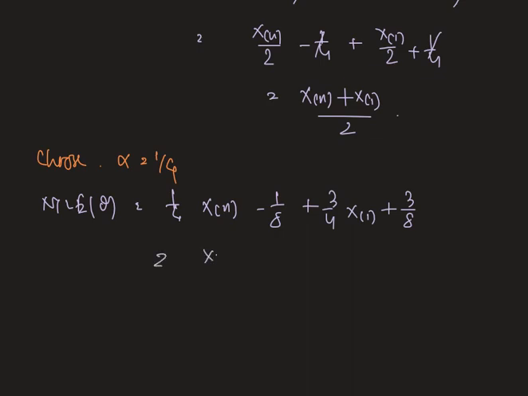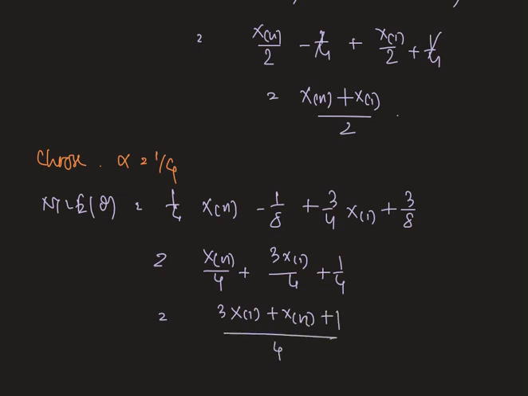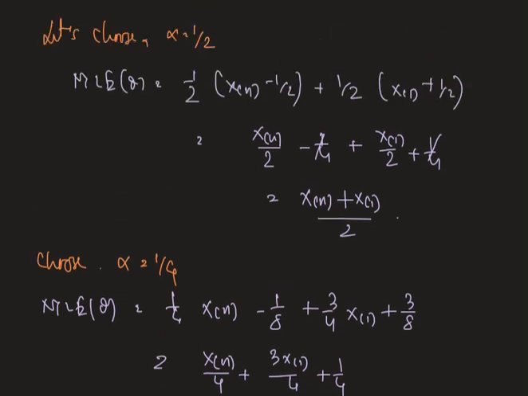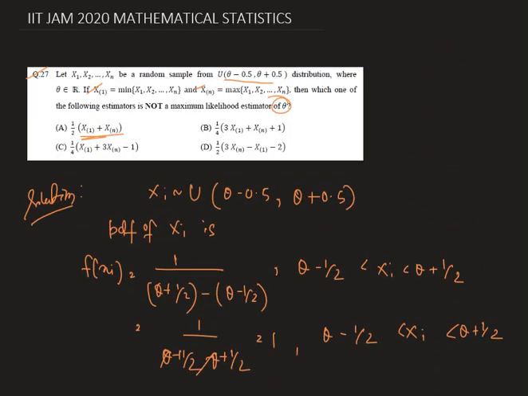Hence it is equal to x order n divided by 4 plus 3 x order 1 divided by 4 plus 1/4. Hence we can write that 3 into x order 1 plus x order n plus 1 divided by 4. As we can see, option 2 is also an MLE, hence it is also not our correct option.